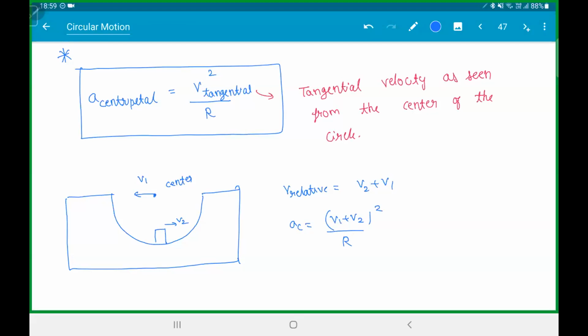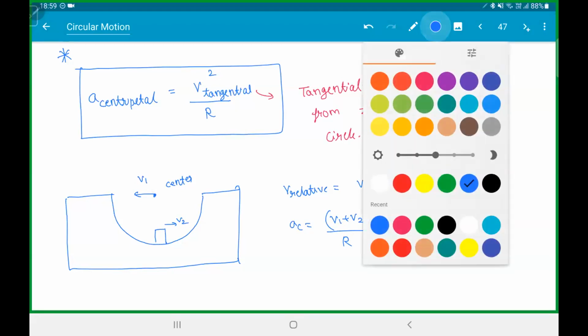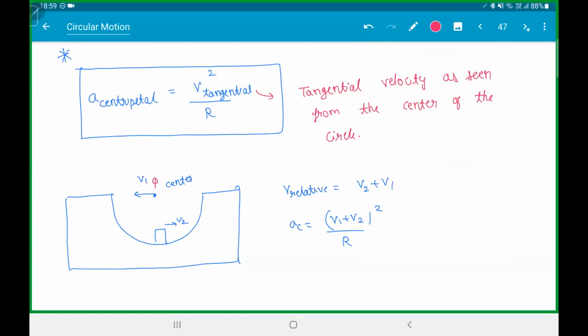The velocity is not in the ground frame. It's a velocity with respect to the moving center, because only this guy at the center will think it is going in a circle. No one else will see it as a circular motion. And you write centripetal acceleration V square by R, when V tangential, then you can see it as a circle. And if you look at the forces, normal reaction, mg, since you're going in a circle, there'll be a centripetal acceleration.